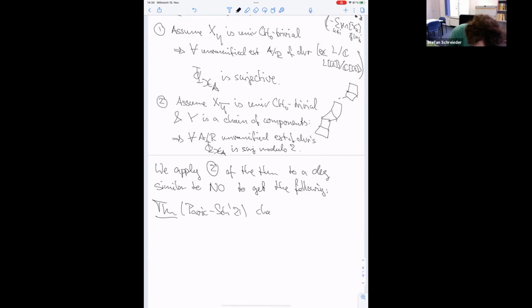So the characteristic of the field should not be 2, and X is a very general quartic. Then X has no decomposition of the diagonal, equivalently is not universally CH0 trivial, and hence X is not retract rational.